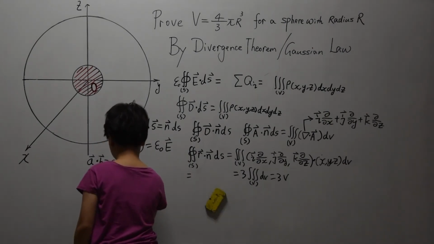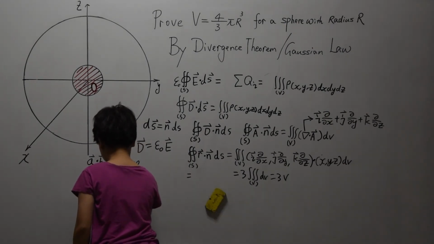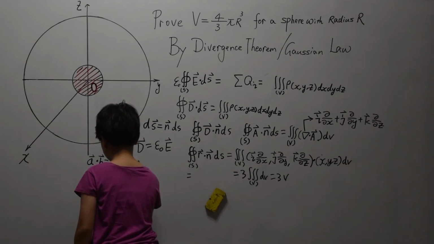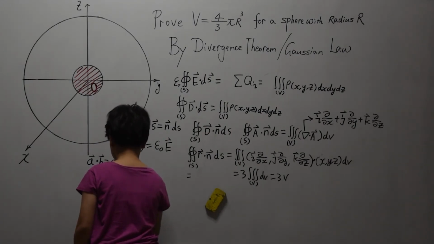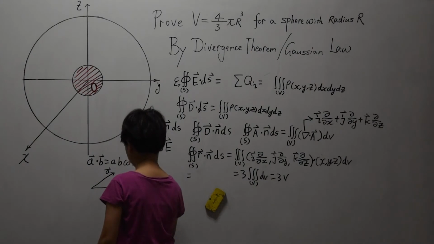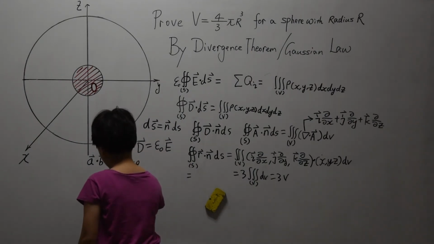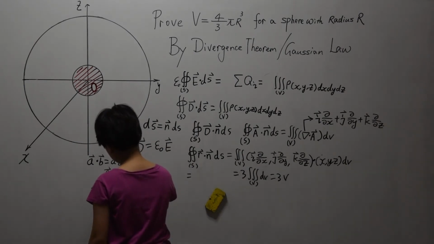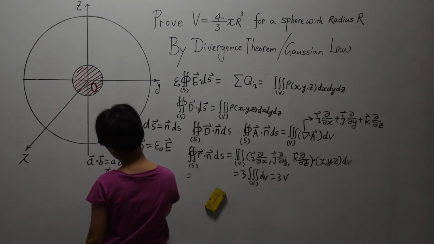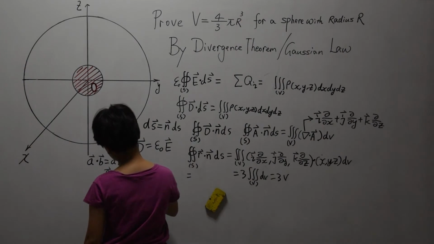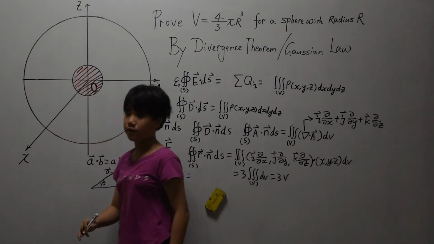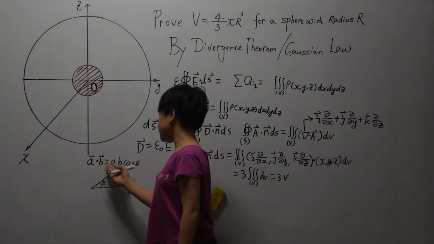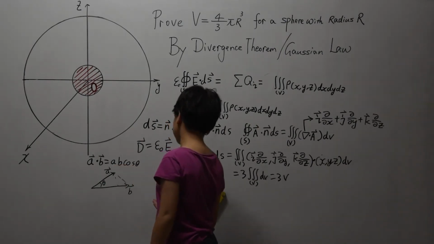So it will become like this, A vector, and B vector is basically this part. I'm just roughly drawing this. And where is theta? You'll be wondering where the theta is. This is basically the theta, so it will be something like this. So it will be AB cosine theta.